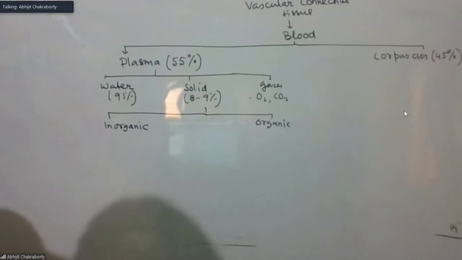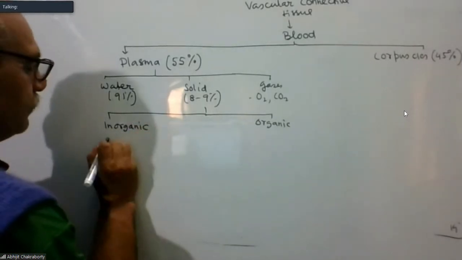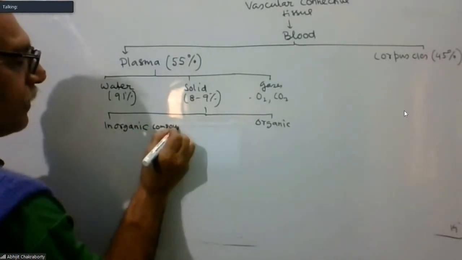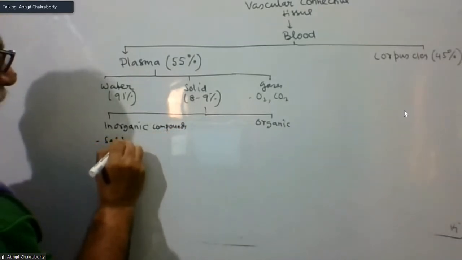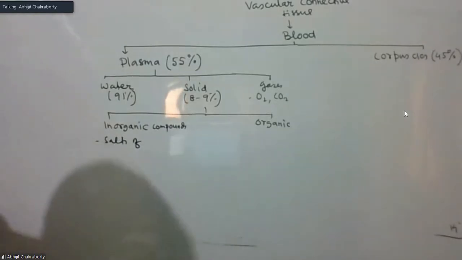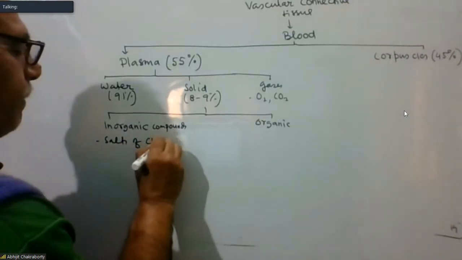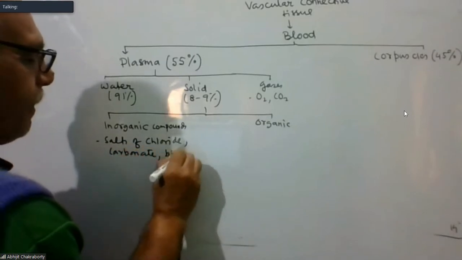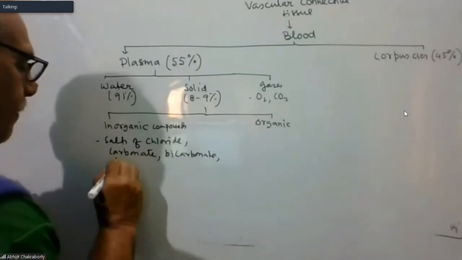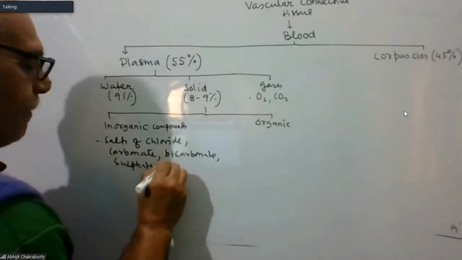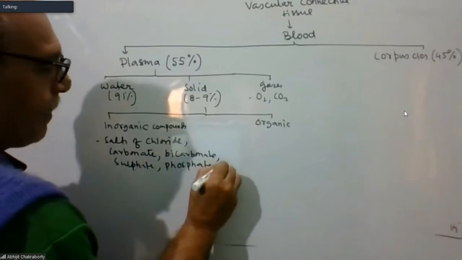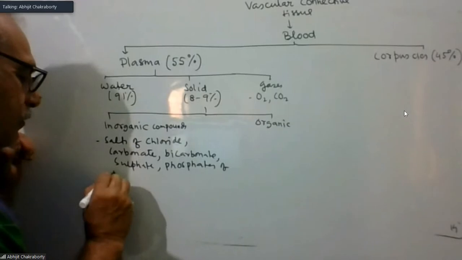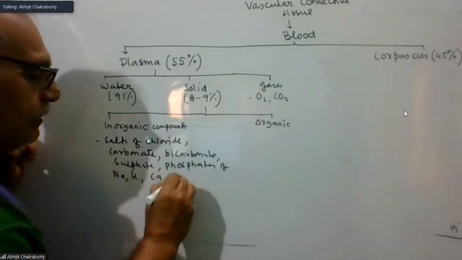Inorganic includes the salts of carbonate, bicarbonate, sulfate, phosphate, chloride, and phosphates of sodium, potassium, calcium, magnesium.